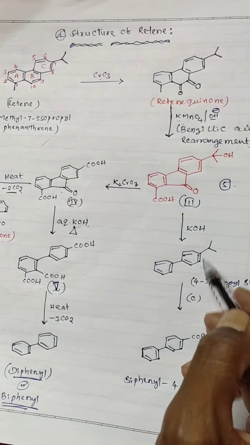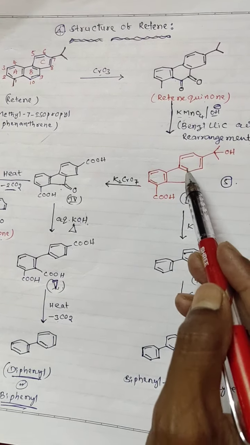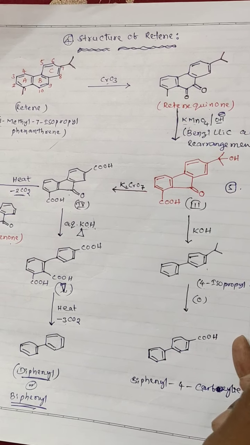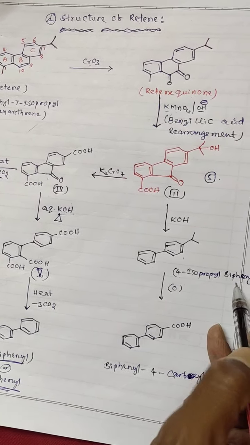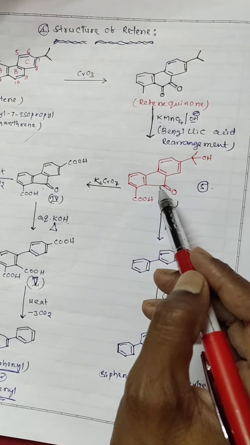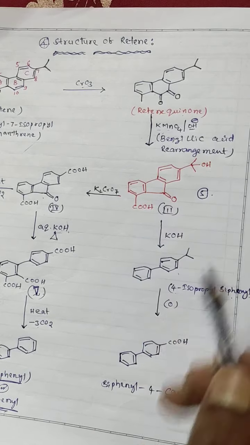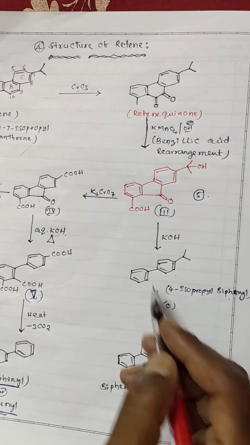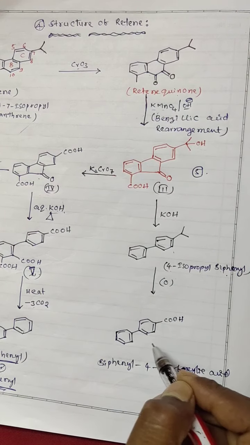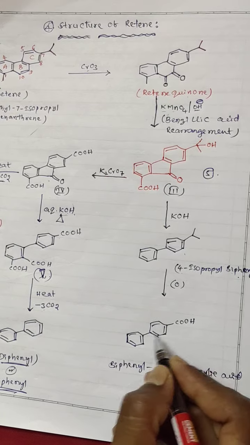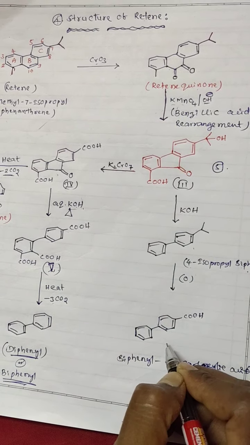Here removal of the OH group and ring opening forms 4-isopropyl biphenyl, followed by oxidation forming biphenyl 4-carboxylic acid.